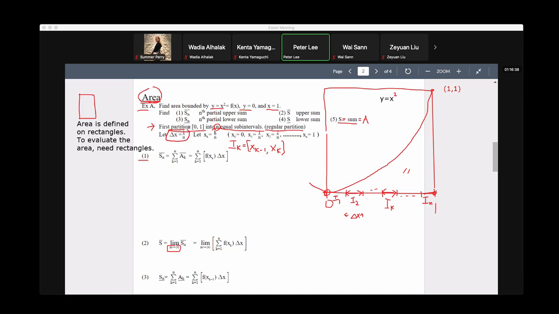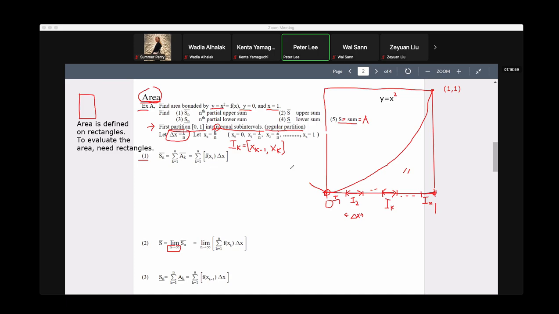The length of the entire interval is 1, and we have chopped it up into n intervals. So the length of I1 is 1 over n, and the length of I2 is 1 over n. The length of each interval is delta x. That's what delta x is.